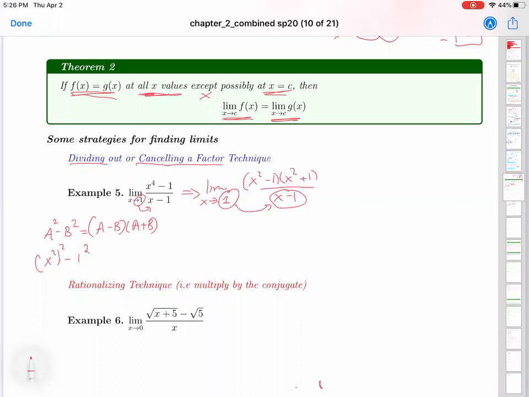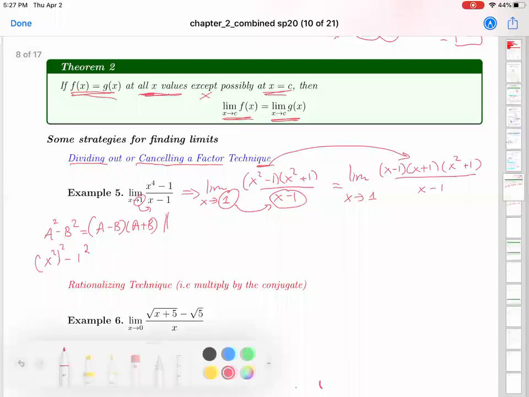Then I say, oh, I have x squared minus 1. Using this formula again, I can keep factoring: x minus 1, x plus 1, x squared plus 1, divided by x minus 1. So this term becomes these two terms. At this point, I see a common factor, x minus 1 and x minus 1, so I can cancel it.